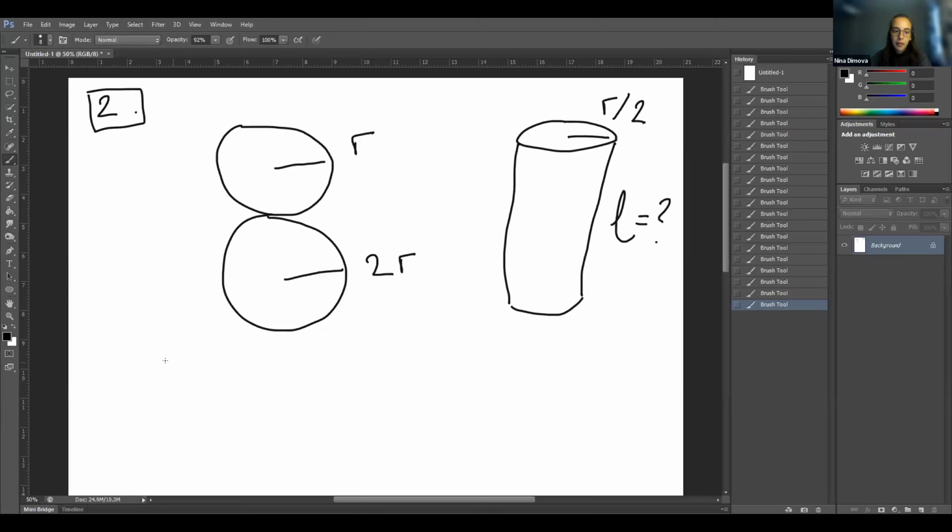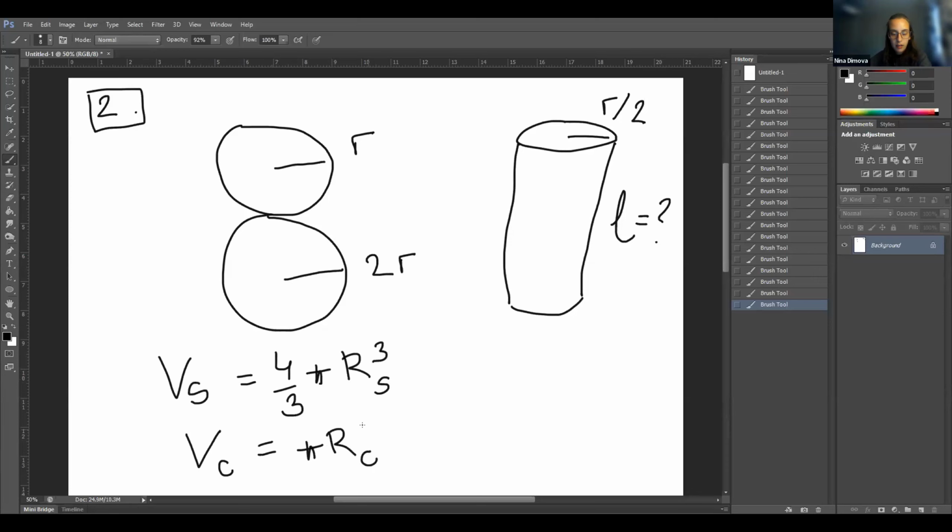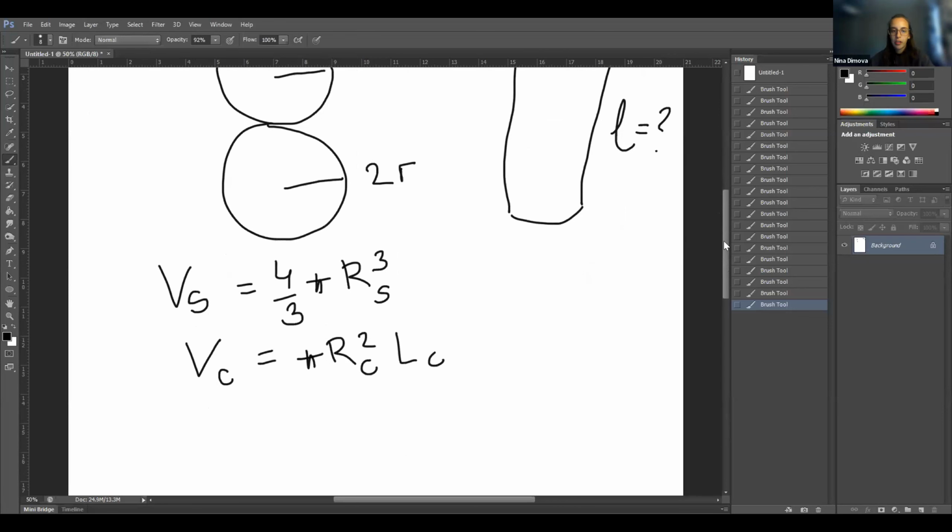What I would do in an exam is write out volume of sphere equals 4/3 pi radius of sphere to the third, and then volume of cylinder equals pi r cylinder squared times length of cylinder. Just to put it out there that these are the formulas you're using.